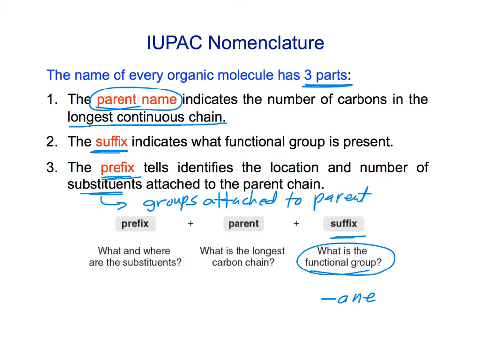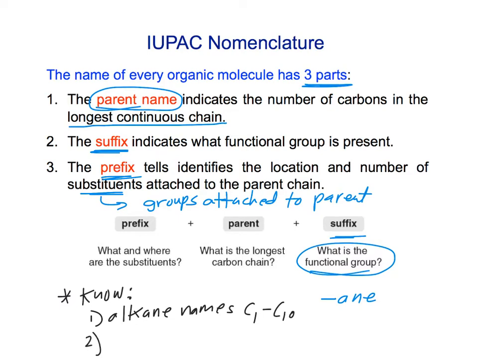Also, you should know what are called the alkyl groups. This is going to be important. These are things that you should know. The first are the alkane names from 1 carbon up to 10 carbons. You need to know those.